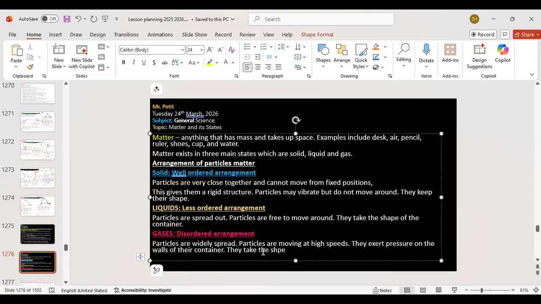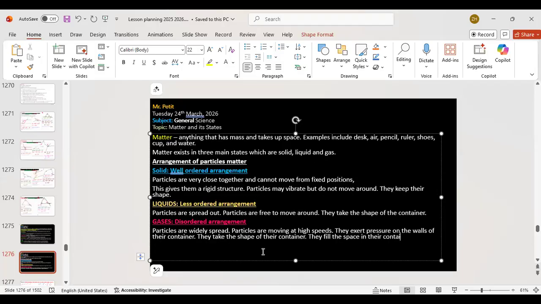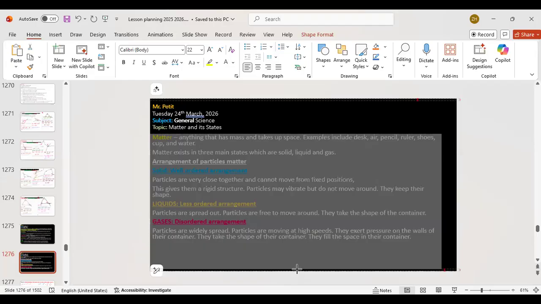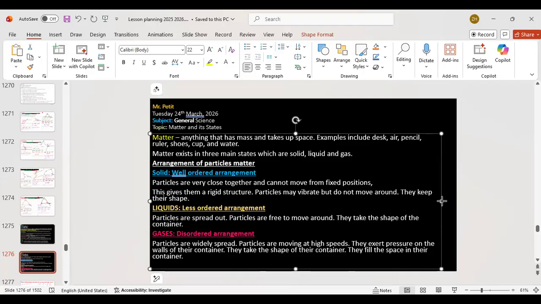Yes, sir. Can you read what we have for liquids? Liquids, less ordered arrangement. Particles are spread out. Particles are free to move around. They take the shape of the container. Very good. So for liquids and gases, both of them take the shape of their container.